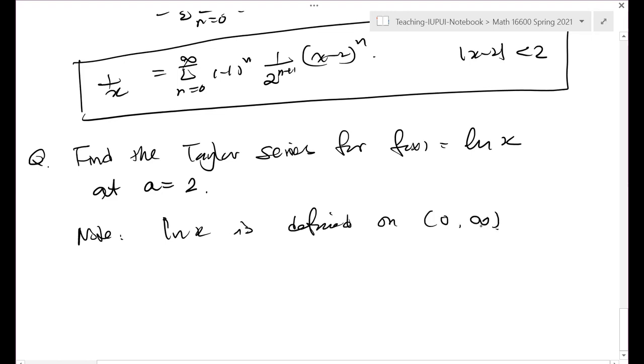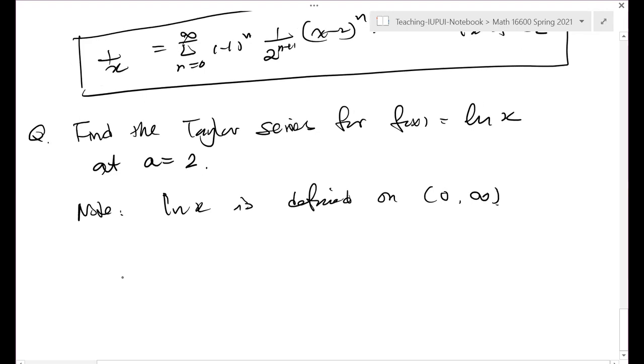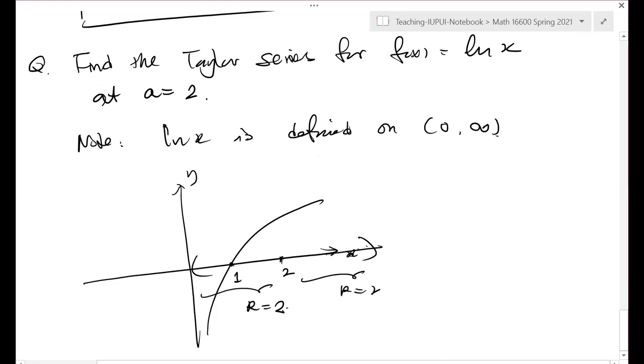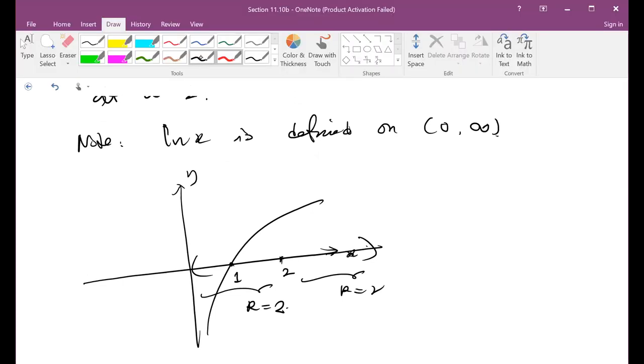So 2 is there. If you look at the picture, here's the y axis, here's the x axis, here's 2. So I expect we're going to find the Taylor series and it converges to natural log of x over the interval here. Over that interval. So find the Taylor series, please.